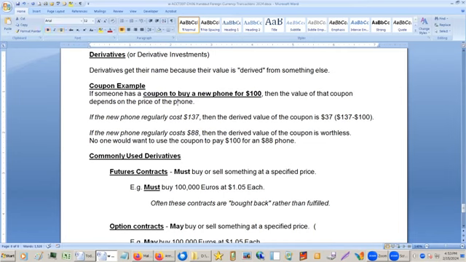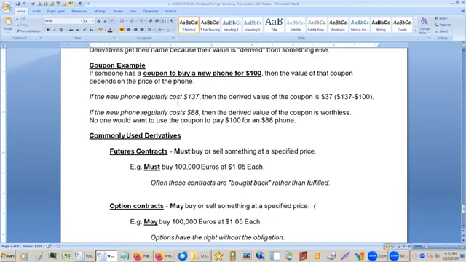The value of the coupon depends on the phone. So if the new phone is really costing $137, then the value of the coupon is $37. It's going to save us $37 if we have this coupon. So the value is derived from it.